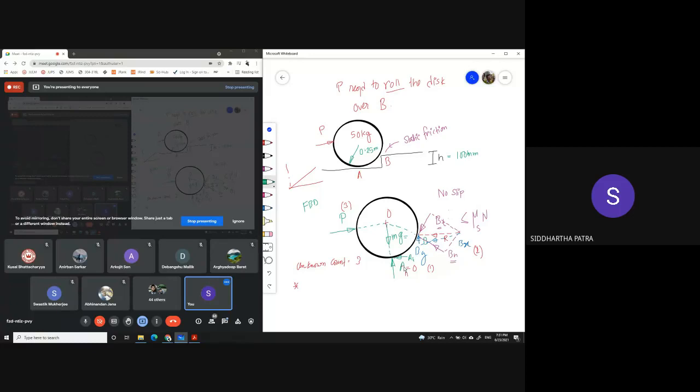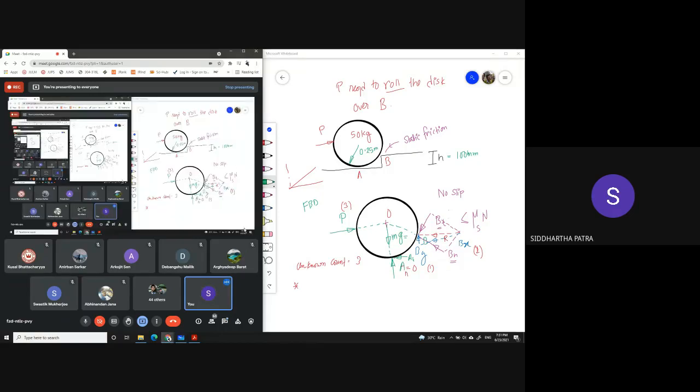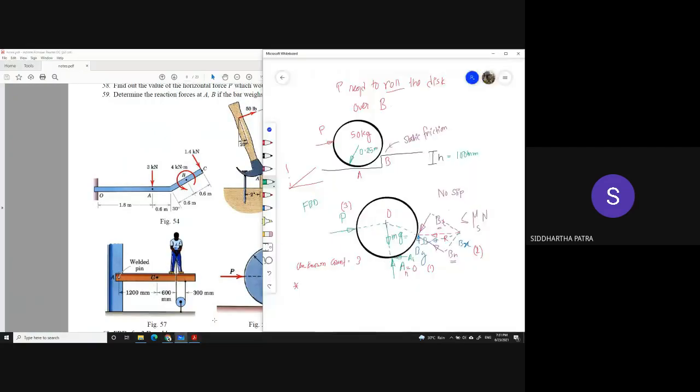The instant you are just about to roll over B, there is no support coming from A. That's the idea. So you can have your At, but that is also zero. So that doesn't add up to your number of unknowns.